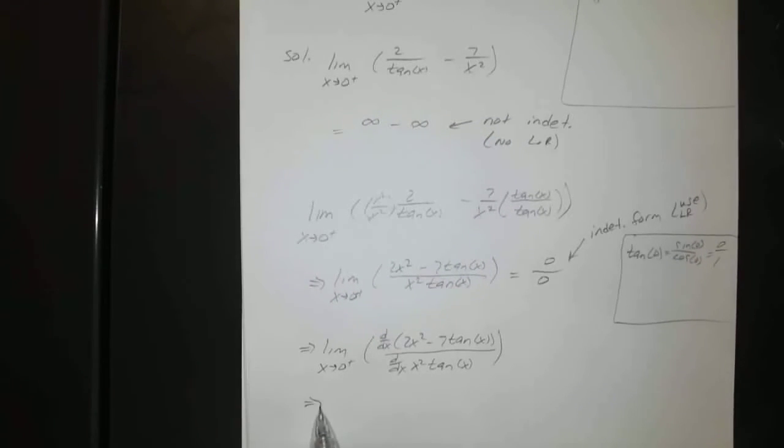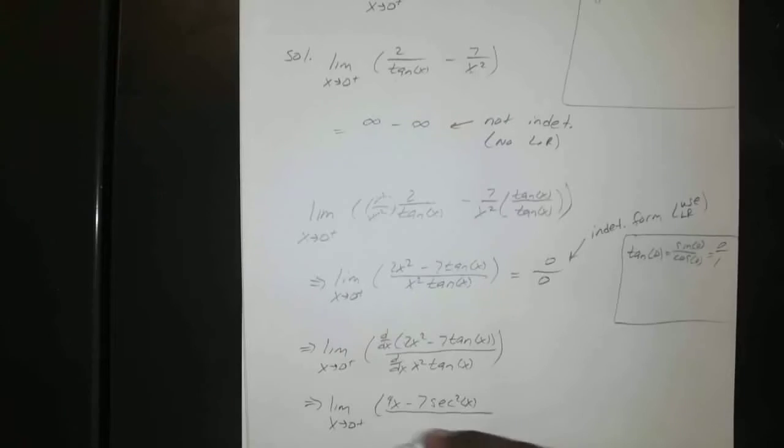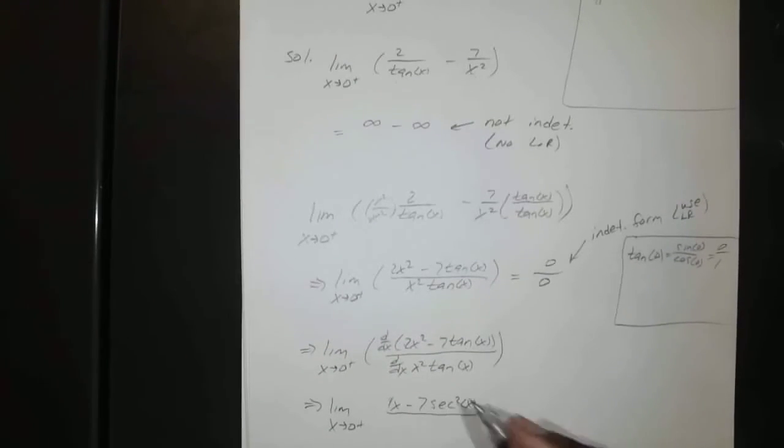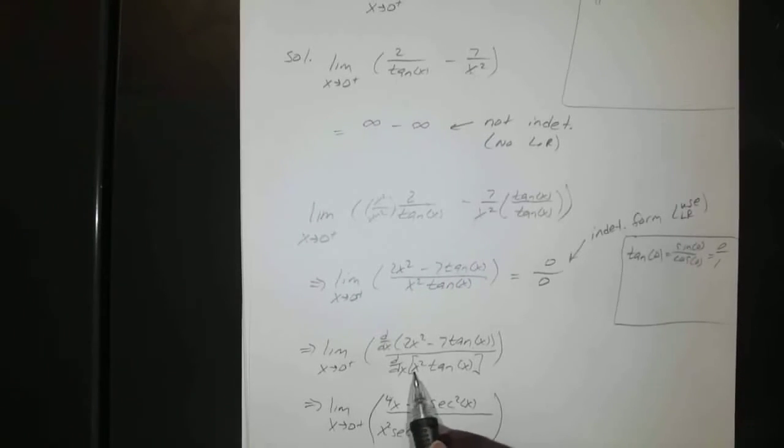Which gives us the limit as x approaches 0 from the right of 4x minus 7, and the derivative of tangent is secant squared, divided by, using the product rule for this one, because we have to find the derivative of the entire thing, x squared secant squared of x plus 2x tangent x.